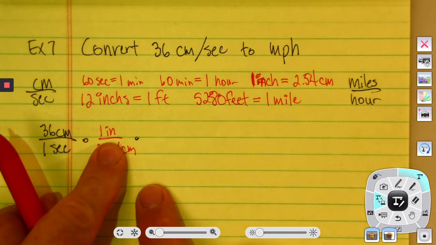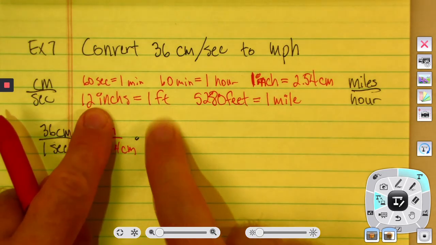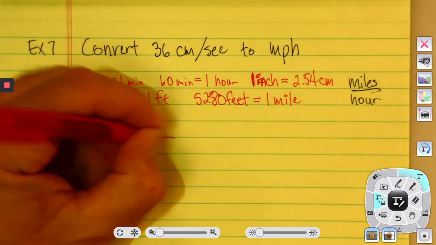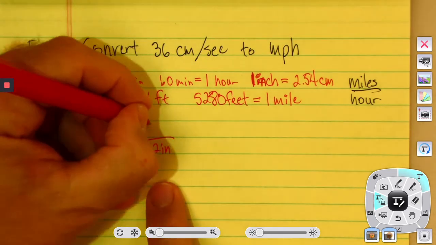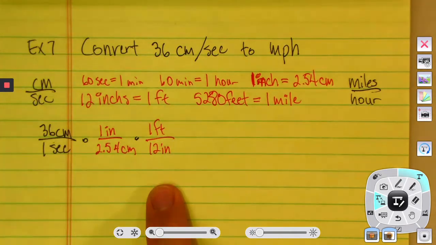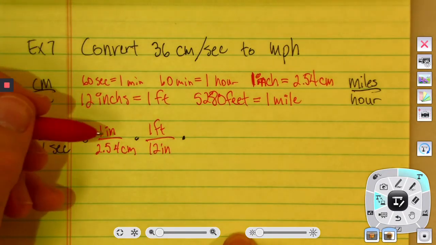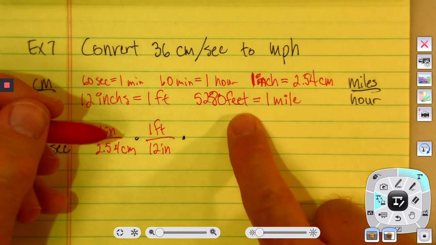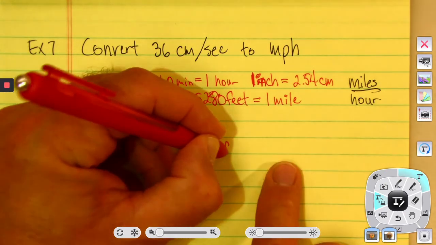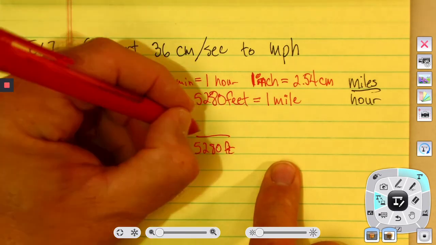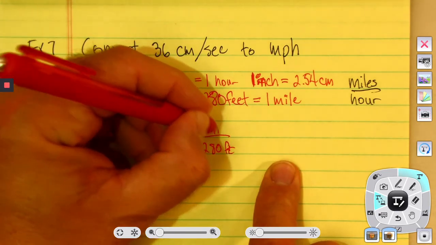Now I need to get rid of the 1 inch, so I'll use 12 inches equal 1 foot. So 12 inches goes in the denominator, so those will cancel. 1 foot here. Now I need to get rid of the feet. And I can use 5,280 feet equals 1 mile.